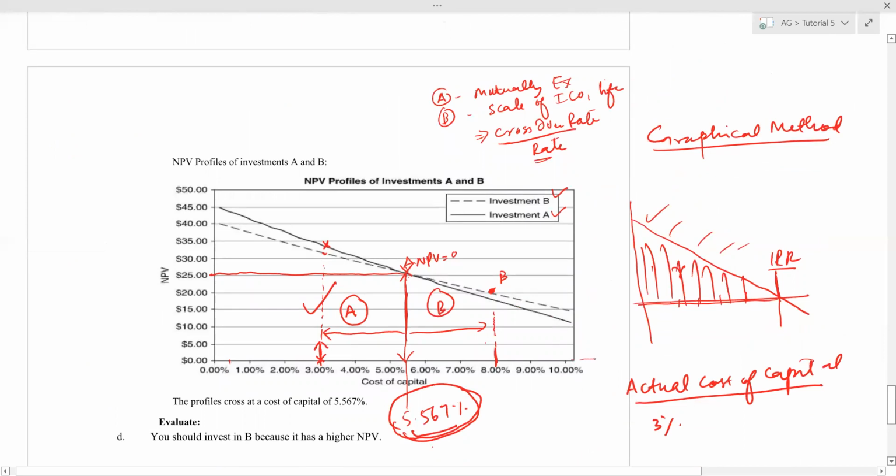Even if you extend this one to 11%, it will follow like this, because your actual cost of capital is 11%. If you still extend this, you see that the NPV of B is higher than the NPV of A. So you are going to select project B.